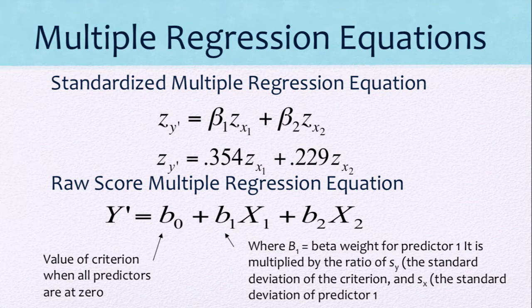In the Cohen text, the relationship between each predictor and the criterion variable is referred to as validities. For example, that would be the relationship between aptitude and high school grades and the relationship between study hours and high school grades. Those would be examples of two validities.